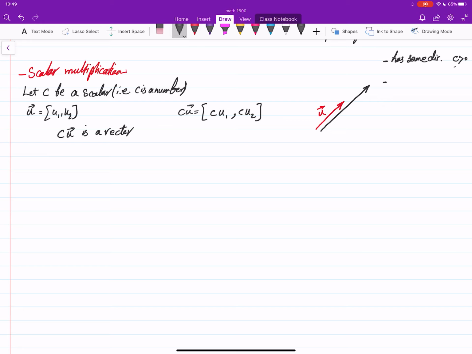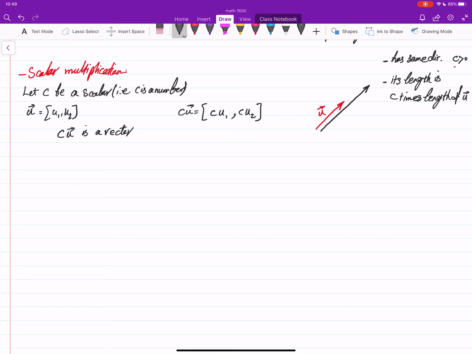Its length is c times the length of u. So you multiply the length by c, whatever c is. If it is 2, it is two times. If it is 0.5, it is half of the length. But the direction is the same.